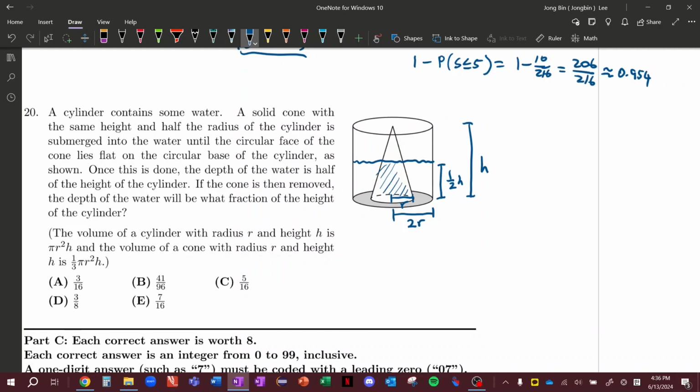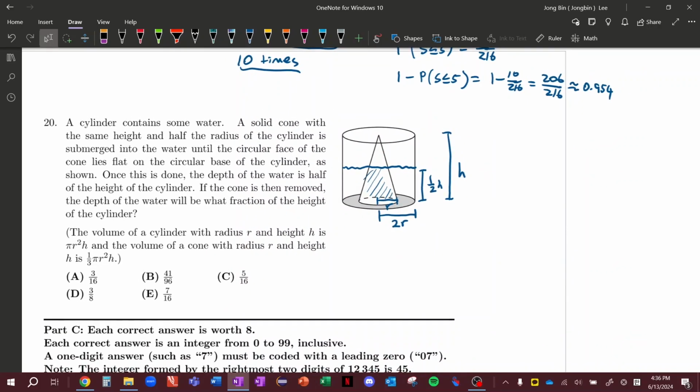So let's first calculate the volume of the water that is filling up half of the cylinder. Using the formula given here, pi r squared h, the volume of the water would be 1 over 2 h times pi times 2r squared, because the radius is 2r. And the volume of the cone would be 1 over 3 pi r squared h.